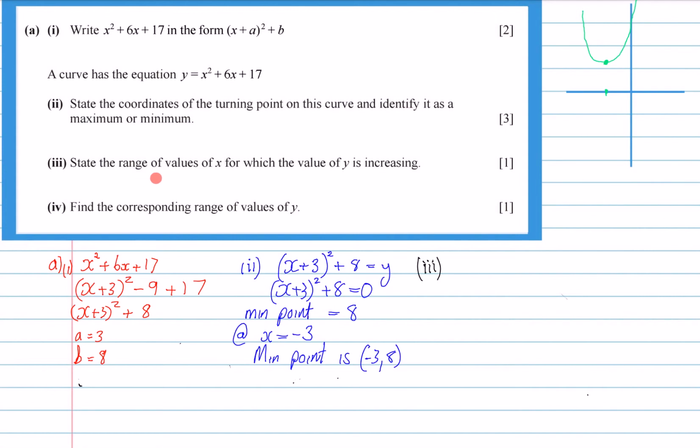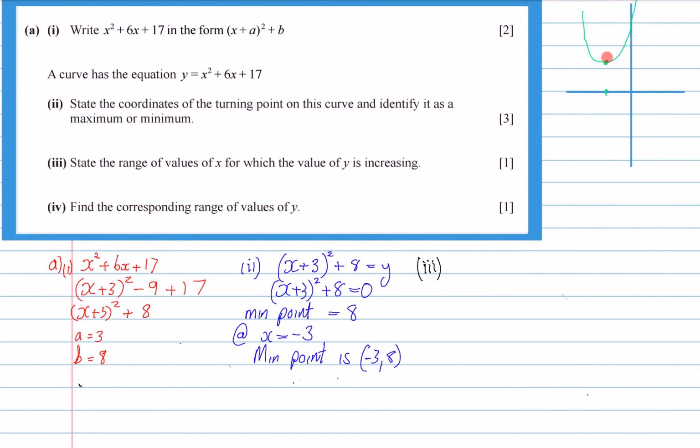In this question we have to state the range of values of x for which the value of y is increasing. Now we know the midpoint here is minus 3, 8. And we know it's going to be a U-shaped curve, so the curve is going to look something like this here. Might be a good idea to do this in exam, to sketch to just visualize the curve.